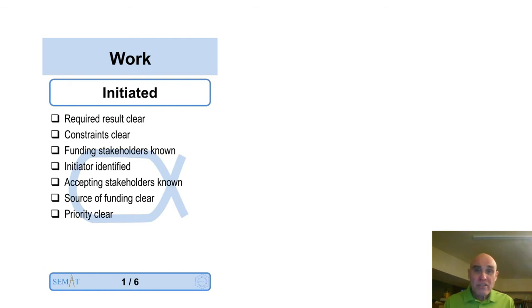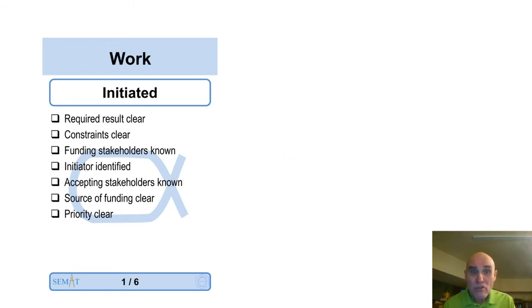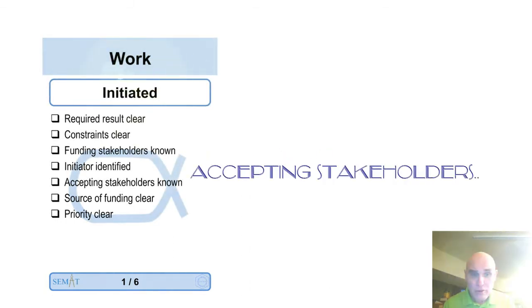One of the questions that will quickly come up as you start thinking about stakeholders is, how do we know we've got all of the key stakeholders? Well, if you go to the work alpha, you'll quickly learn about a couple of key stakeholders, the ones that are funding the effort and those who are accepting the result.